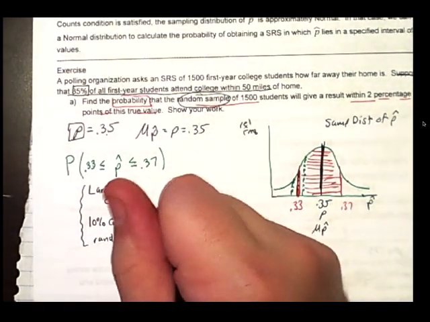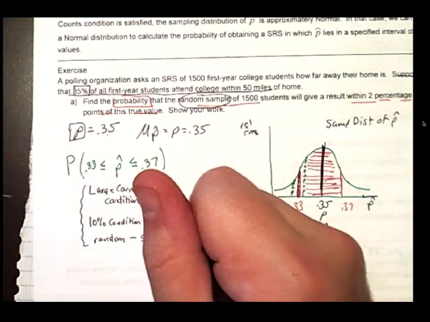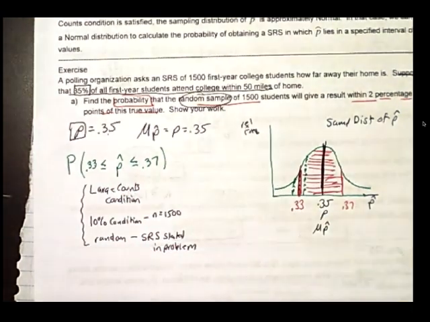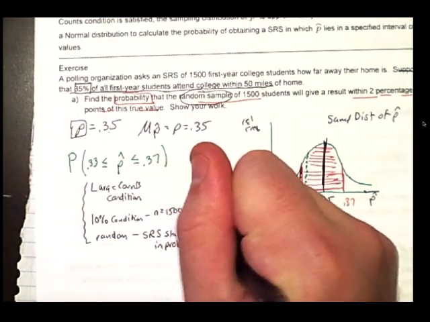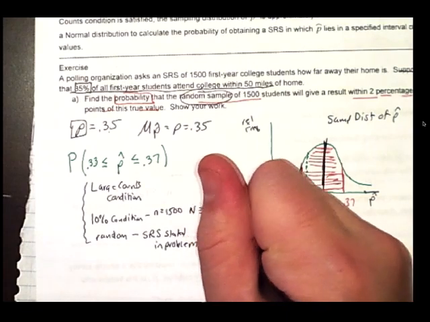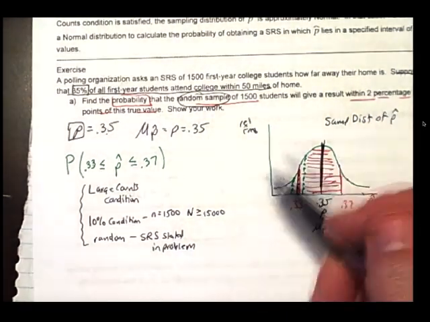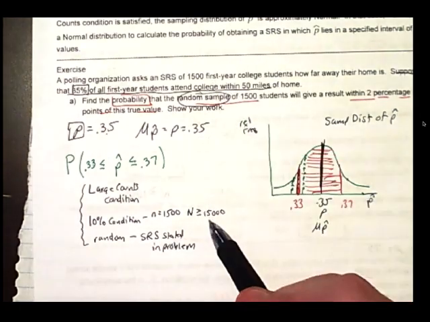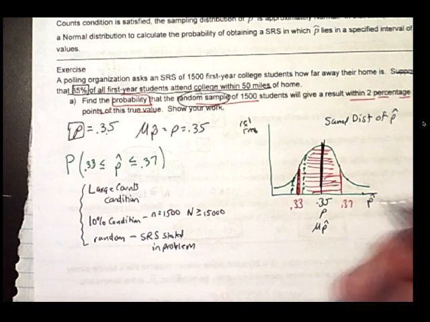The 10% condition, you have n equals 1,500 here, 1,500 students are in your sample. So what's 10 times that? It would be 15,000. So in the US, are there at least 15,000 first-year college students? Yes.